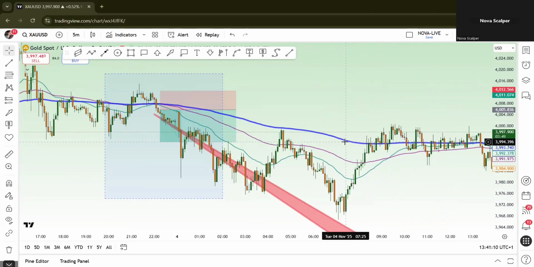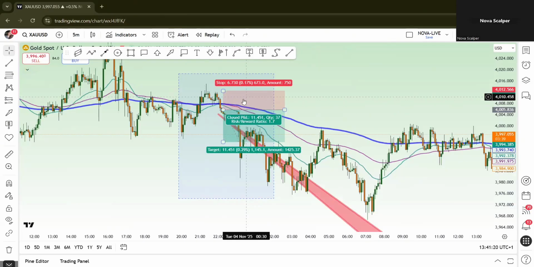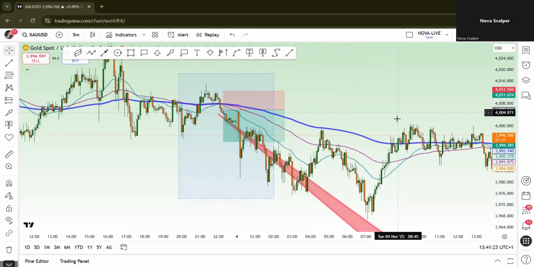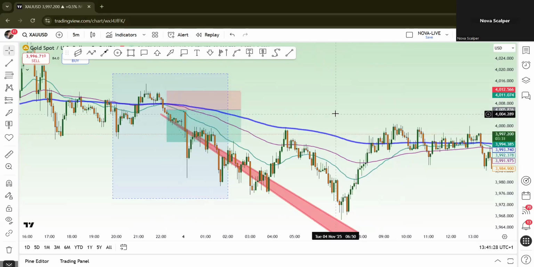It is starting the current downtrend. So this is how we can use patterns with technical tools like EMA.